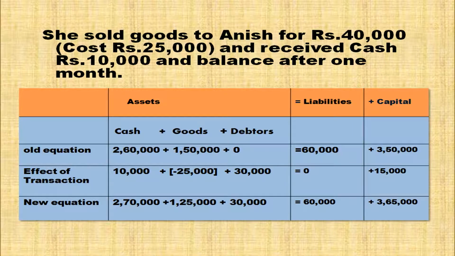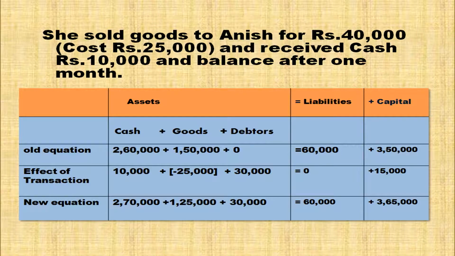So, add 10,000 in the cash column. The remaining goods are sold on credit because the balance will be received after 1 month. So, debtors are increasing by rupees 30,000. Out of 40,000, 10,000 is received in cash and 30,000 on credit. That is why 30,000 is shown in the debtors column.